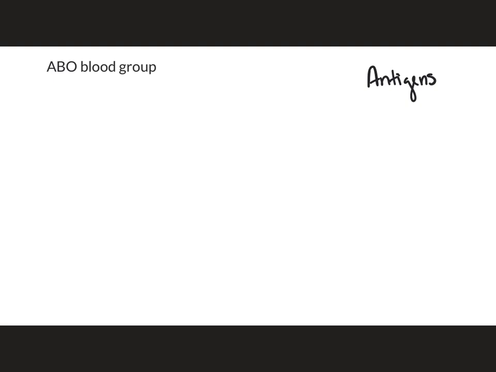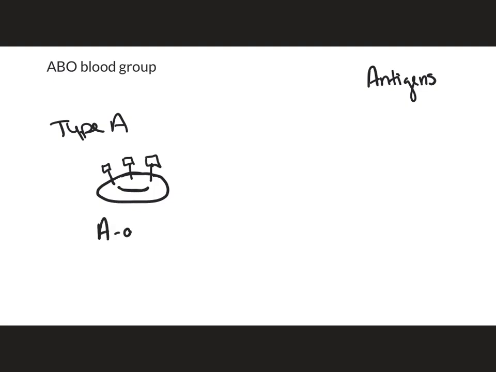So for instance, if you are referring to type A blood and you look at the red blood cell of a type A person, their red blood cell has on them what are called A antigens. A antigens.